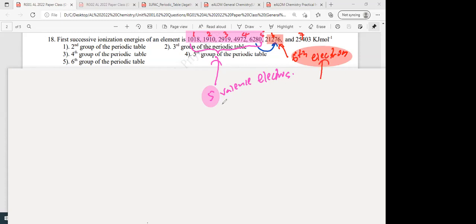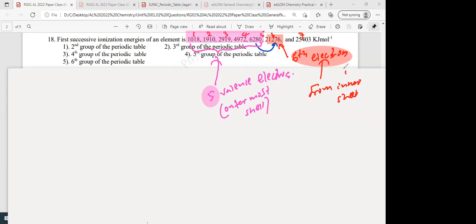The first 5 are from the 5 valence electrons, outermost shell. Valence electrons are present in the outermost energy level or outermost shell, and the 6th electron has been removed from the inner shell. That's why it requires more energy.